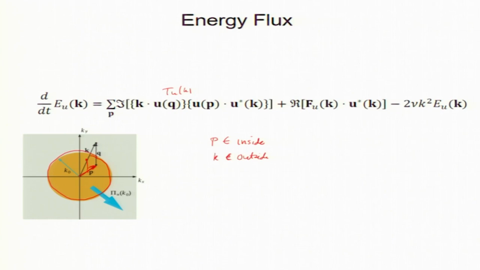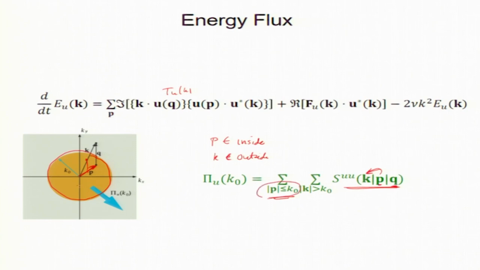It is one number, the energy flux, from all the p modes. We call it energy going from p to k. p is a giver, k is a receiver, and q is called the mediator. q is not really giving or taking, but it is like a lawyer. So p is giving to k, but p is inside the sphere.